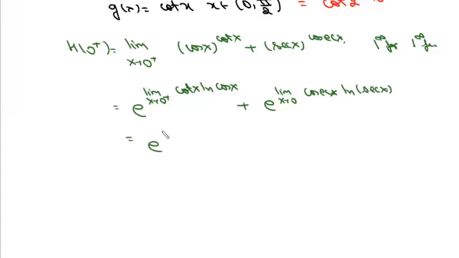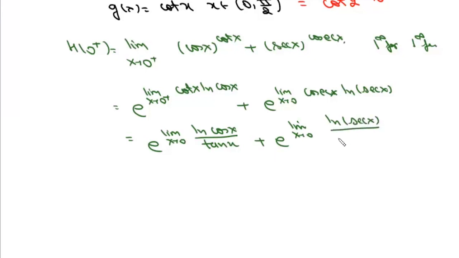Now we can write this as e to the power limit x tends to 0 of log cos x upon tan x, plus e to the power limit x tends to 0 of log secant x into sin x.